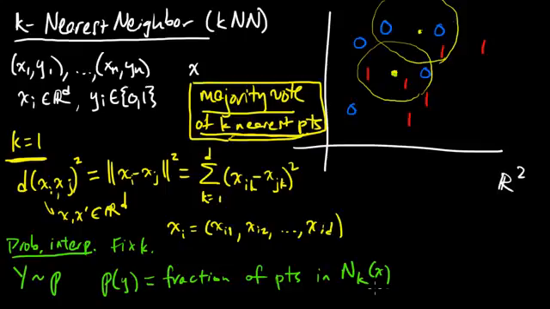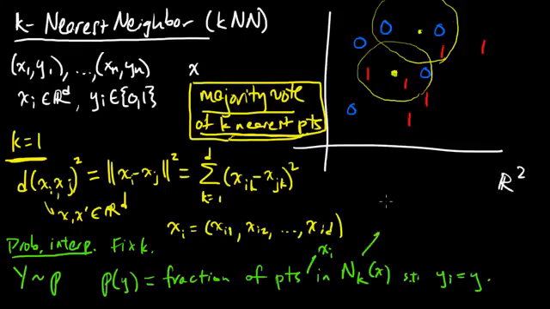The fraction of points x_i in N_k(x) such that y_i, the corresponding y for that x_i, takes the value y. So it's the fraction of points for which these nearest neighbors take the value y. Their label is y. Their class is y.